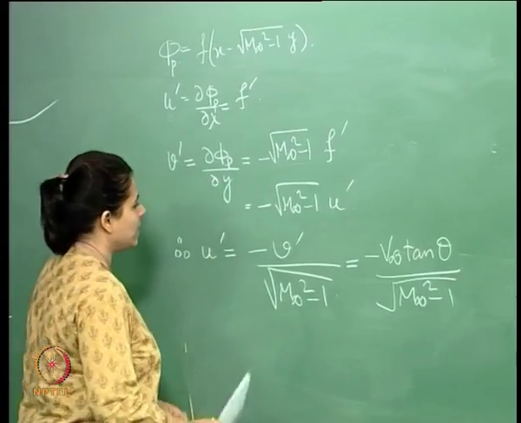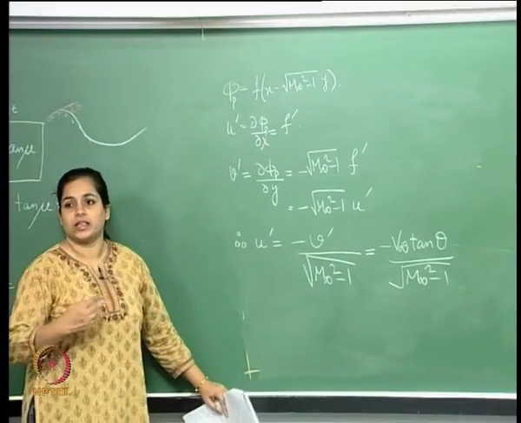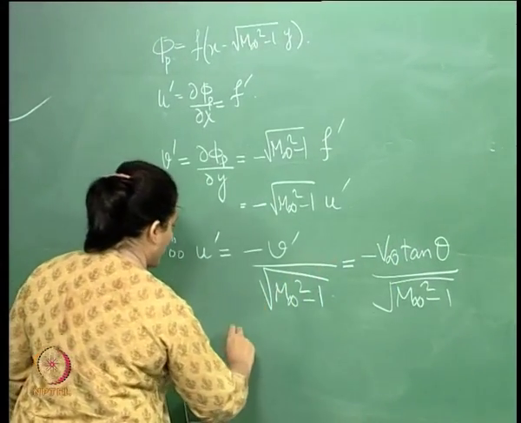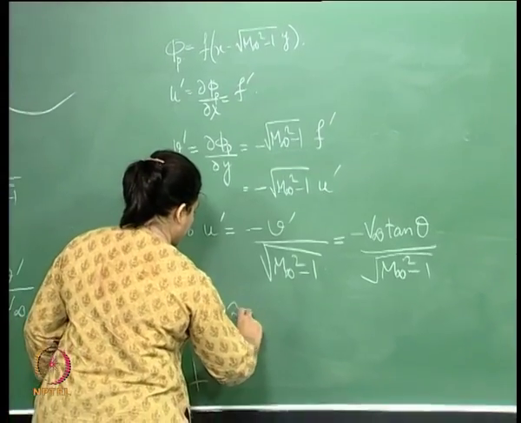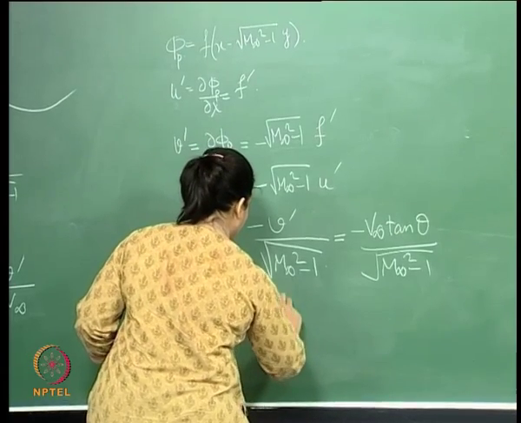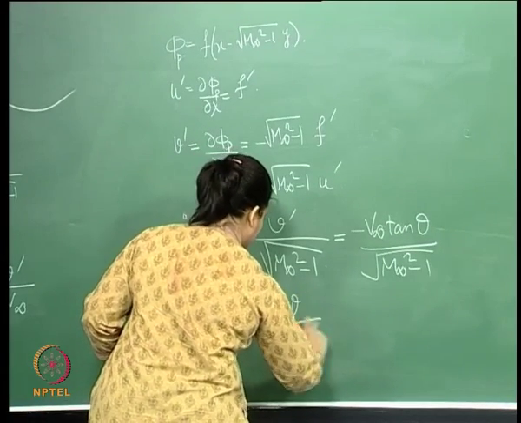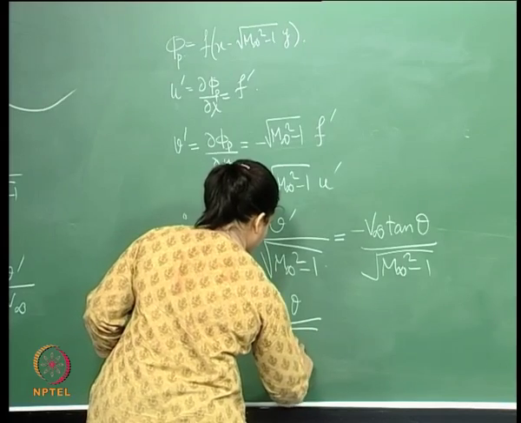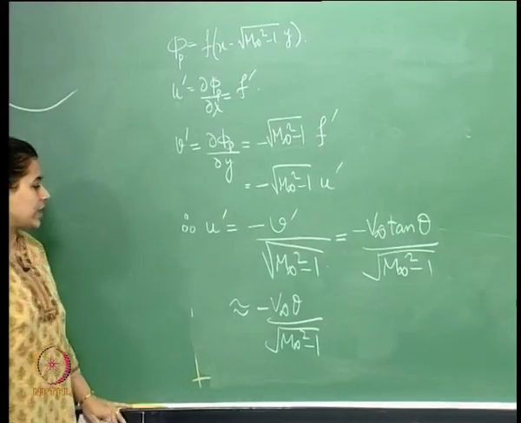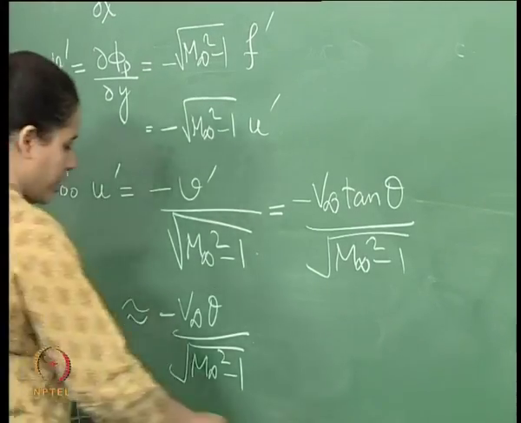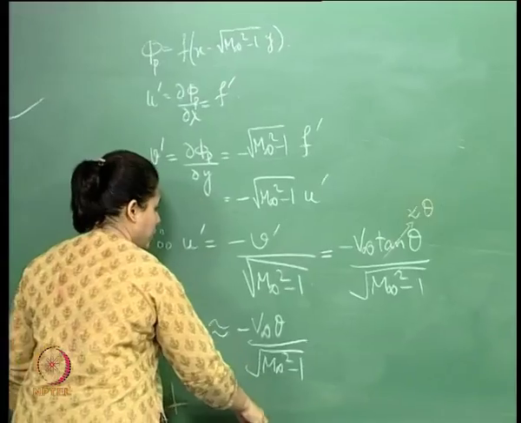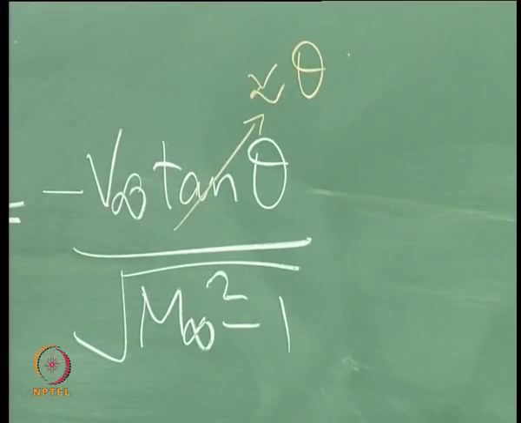And considering that this is again a small perturbation, we can say that this theta is really small. So for small perturbation I will take it as very small, and therefore I can write it as theta.